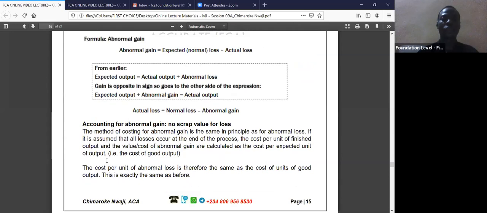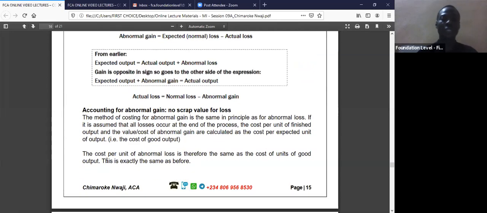Okay? Accounting for abnormal gain when there is no scrap value for loss. It means there is no value attached to it. The method of costing for abnormal gain is the same in principle as for abnormal loss.